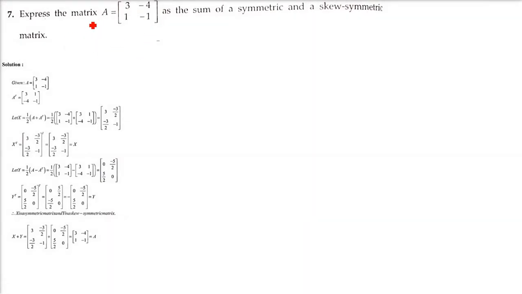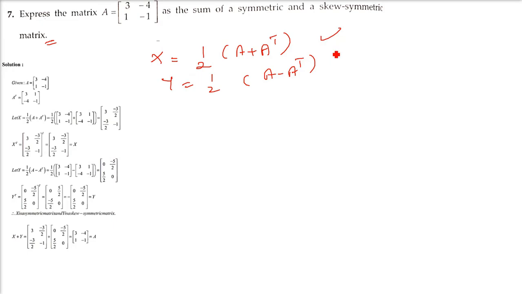Express this matrix as the sum of a symmetric and a skew symmetric matrix. This question we have already done, and I showed you the whole process with the 3 by 3 matrix. I'll just recall. X, you have to write as half of A plus A transpose. Y you have to take as half of A minus A transpose, because when you add these two, finally A will come.